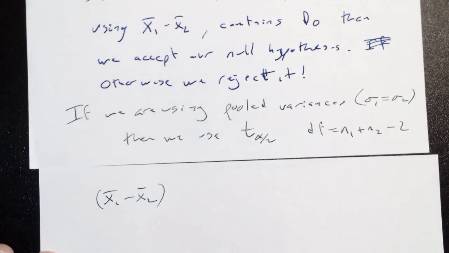I take my calculated difference, and then I add or subtract T alpha over 2 times what? When we did a confidence interval and the stuff that you gave me in chapter 8 that you already got back, what went next to that T value or Z value to figure out a confidence interval? The standard error.